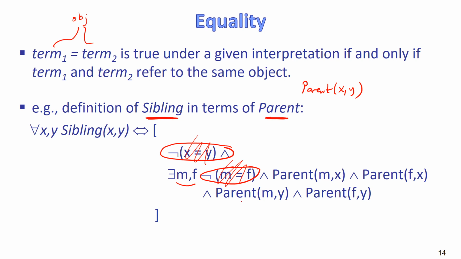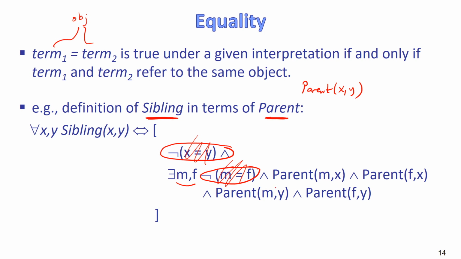Now, what is the problem with this definition? The problem is that we didn't say that M and F are two different persons. We have to have the same two parents so that we can be siblings. If I don't say that M and F are two different persons, which this sentence currently doesn't say, M can refer to the same person as F. If that's the case, then we are talking about one parent, not two parents.